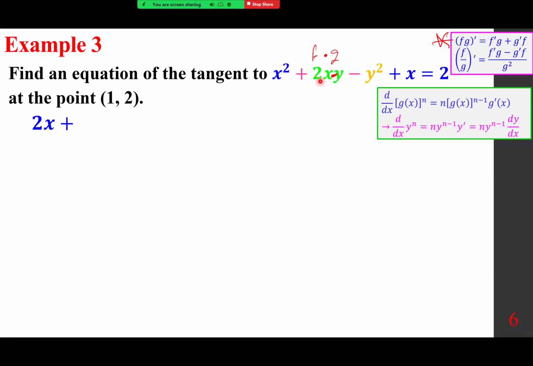So this is 2 times y, and this is y prime or dy dx times 2x. So this is f prime g plus g prime f, minus y squared, minus 2y y prime. X gives us 1. Any number such as 2 ends up being 0 when you differentiate.